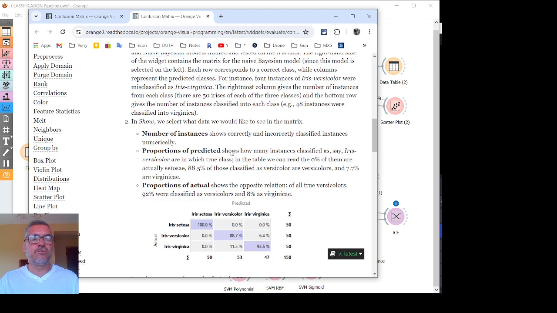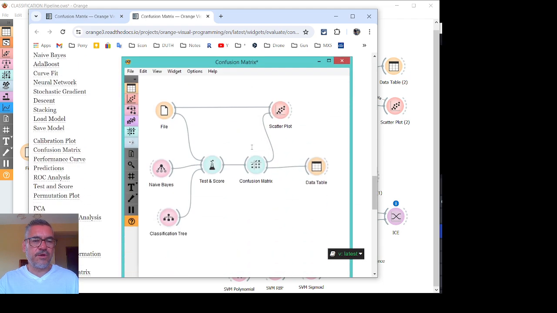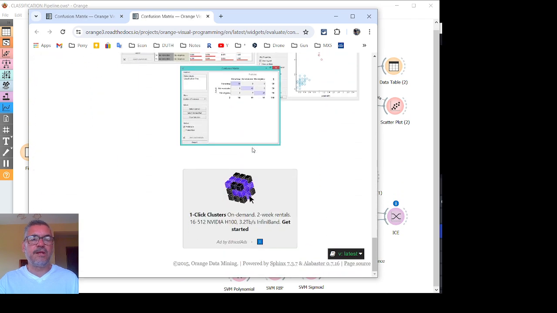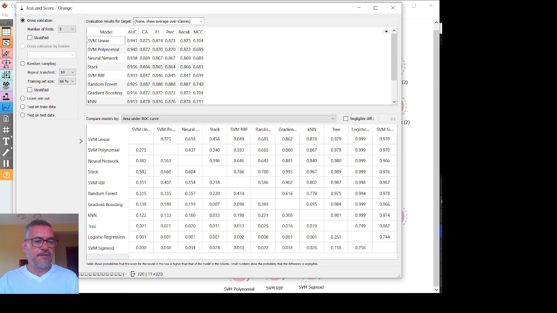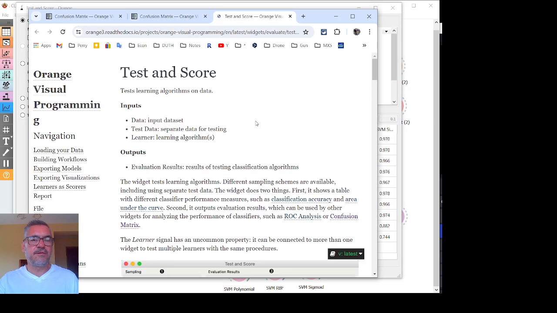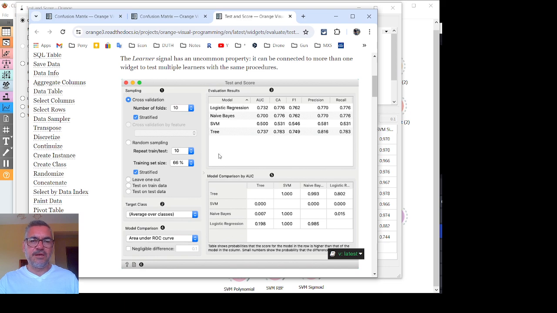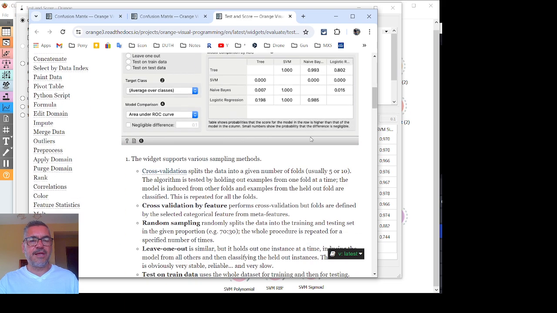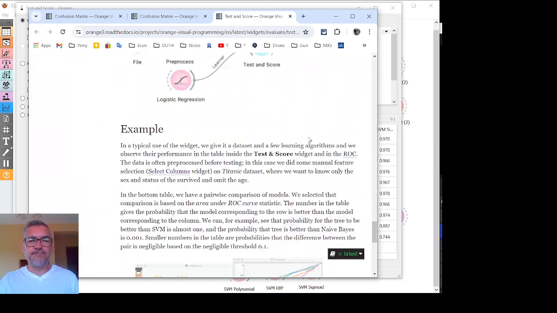You have examples, definitions, everything that you need to know, and it is very easy to understand. Let's say Test and Score. Again, press the question mark. What are the inputs? What are the outputs? It explains the widget, what you see in every portion of this table, and everything is here with examples, and it is easy to understand.